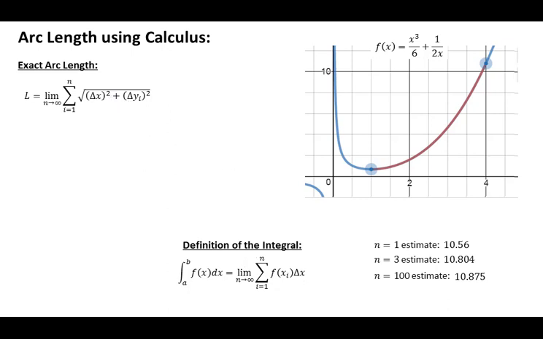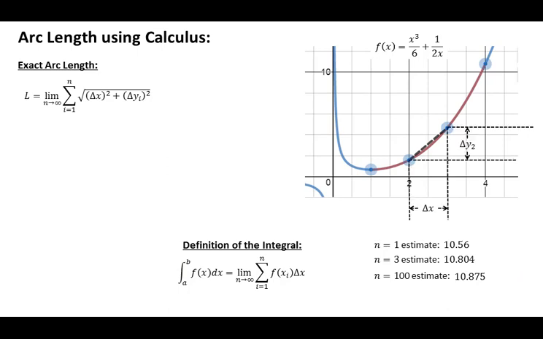So the first thing we've got to do is get this into a form that is like this limit down here, so we can convert it into an integral. So let's just say we're looking at this segment here in the middle, and we're going to use our delta x value and our delta y sub 2 value for essentially the rise and the run here. So of course the slope is going to be rise over run, and the slope is f prime.